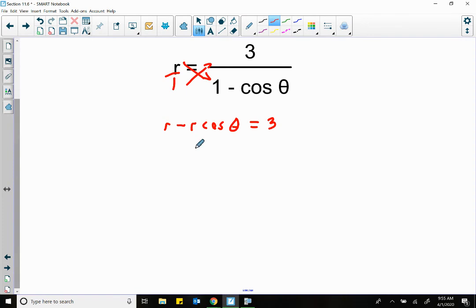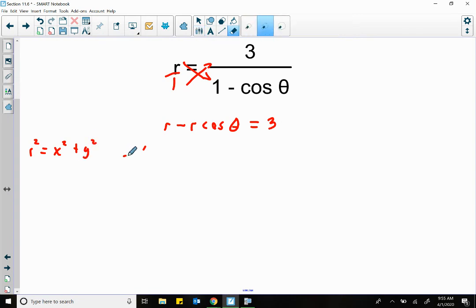Well, there's some information we know over here. We actually know both of these. Remember that r squared is equal to x squared plus y squared. Or, I told you another version of this is r is equal to the square root of x squared plus y squared. Okay?